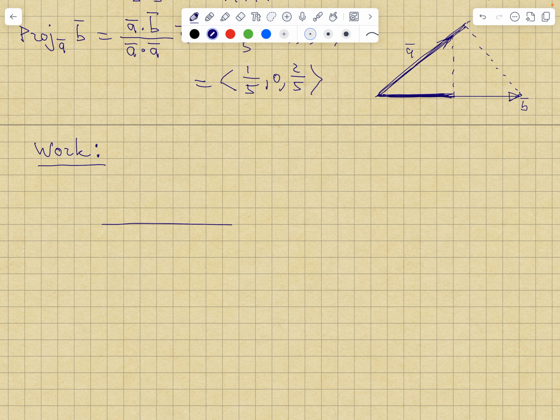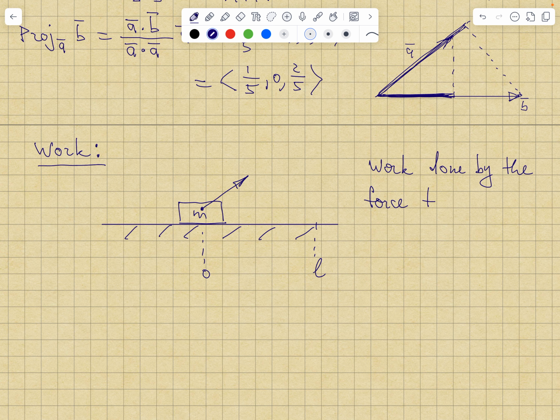So if you have some mass m and a force that acts upon this mass that moves the mass from some old position, maybe at 0, to a new position at L. And the question is, what is the work done by the force to move this block?